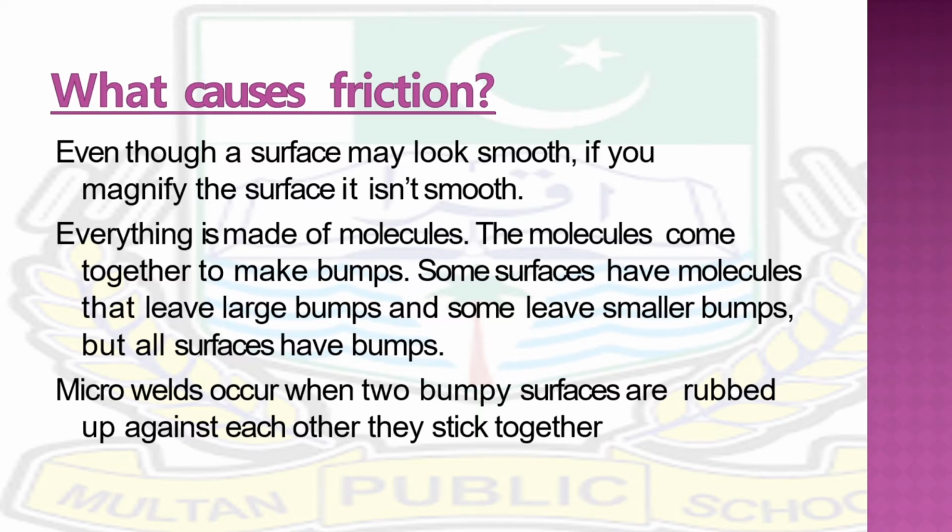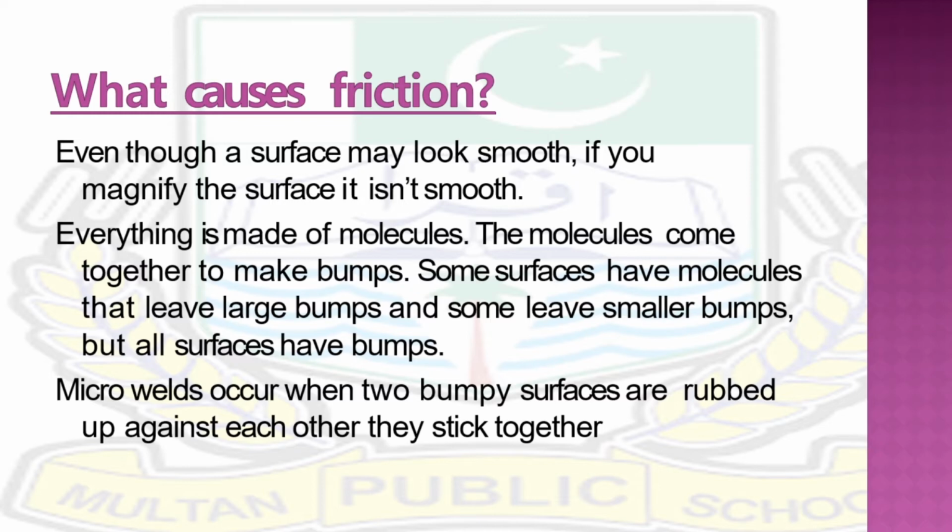Now we have to see what causes friction. Even though a surface may look smooth, if you magnify the surface, it isn't smooth. Everything is made of molecules, and the molecules come together to make bumps. Some surfaces have molecules that leave large bumps and some leave smaller bumps.